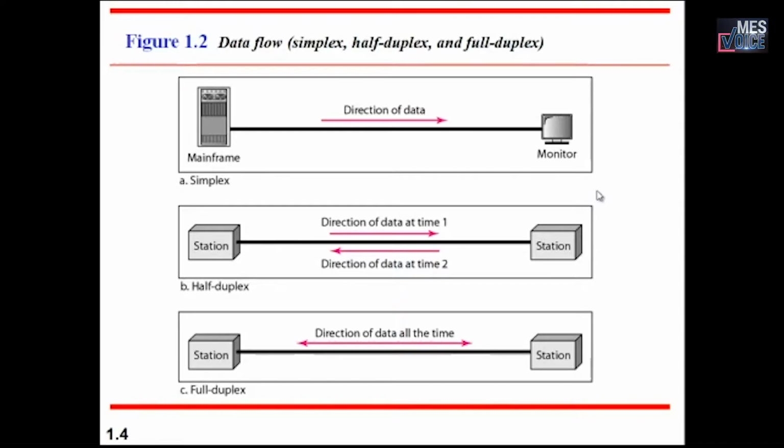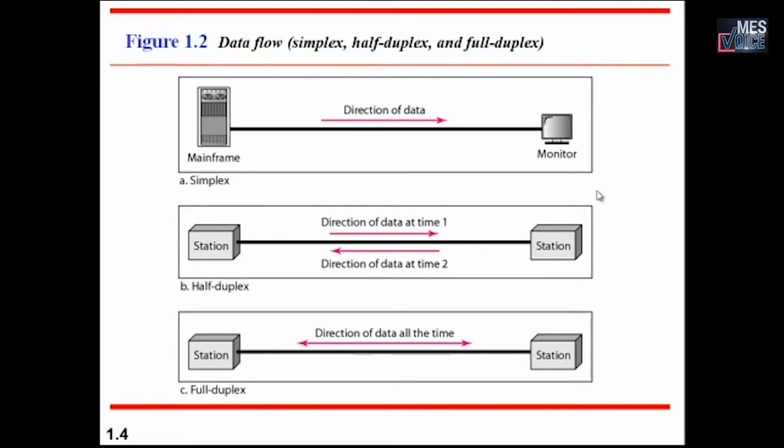The second mode of data flow is half duplex. Half duplex, you could understand it as two policemen talking over a wireless set. Whenever one person speaks, the data transfer in the other direction is not possible.